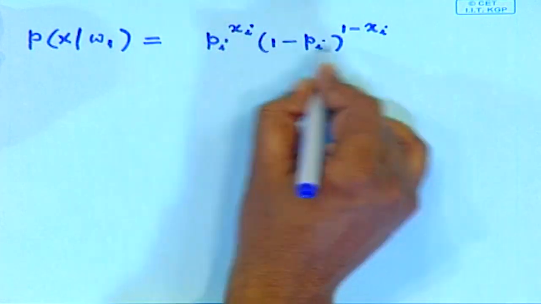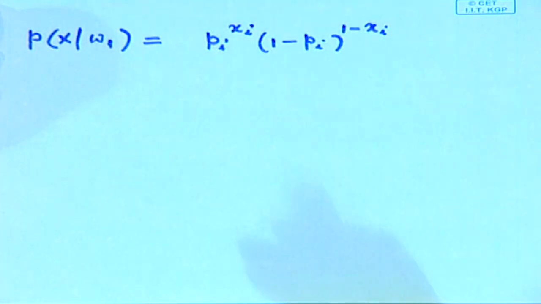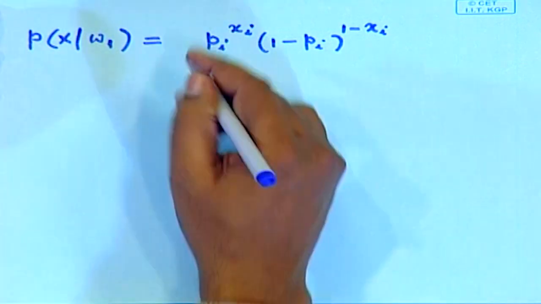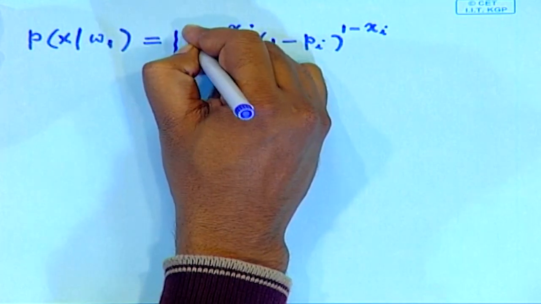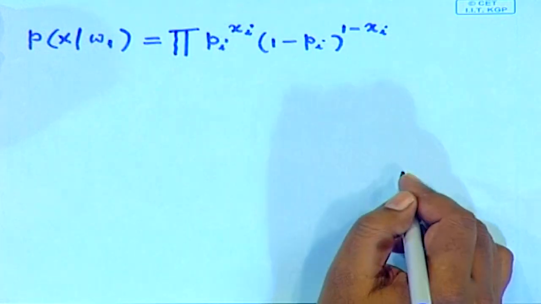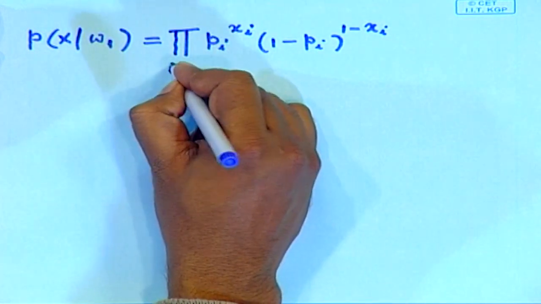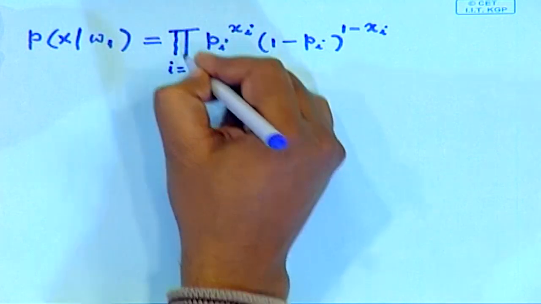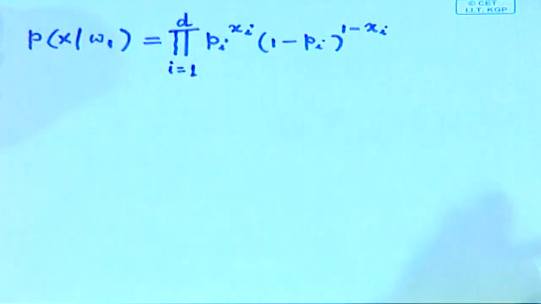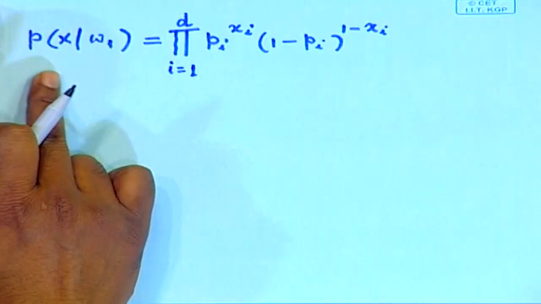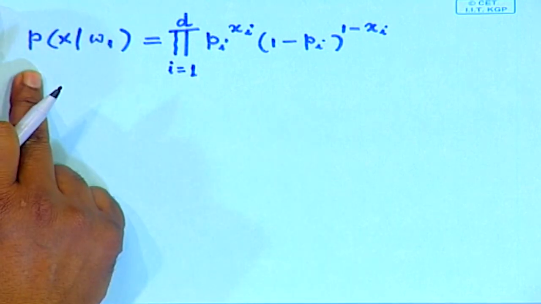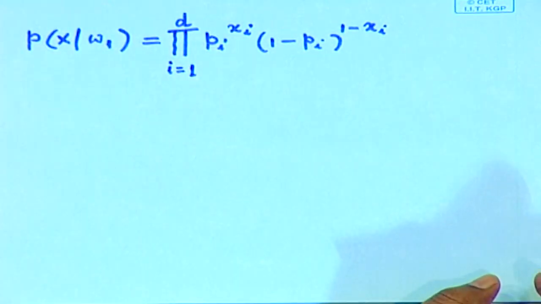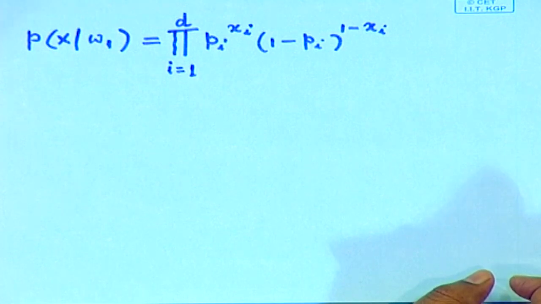Because the components are conditionally independent, the overall probability will be the product of independent probability values, taking i equal to 1 to d, as I have d number of components. So, this is the class conditional probability of a feature vector x if the state of nature is omega 1.